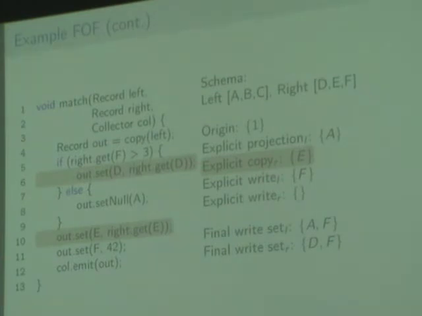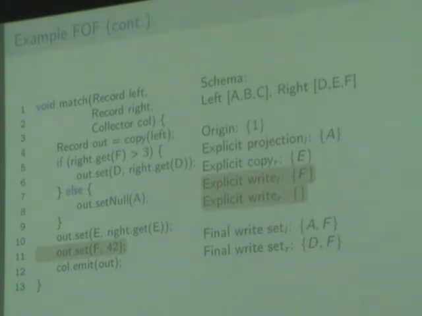What's also interesting here is we have in line 6, we also set attribute D to an attribute we get from the right input, but because this is inside an if statement, we're not sure that in any run of this function, the attribute is copied. So to be safe here, we just add those attributes that are executed in all cases of the execution of this operator.